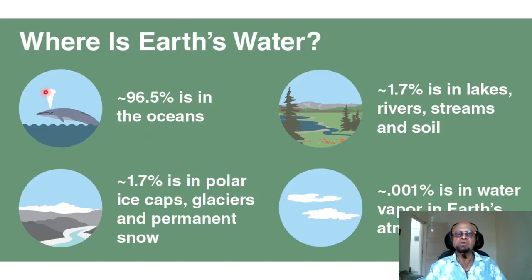But remember, ocean water is salty and we cannot drink it directly. And yet we have lots of freshwater problems on Earth, so you know that we are not managing water so well. About 1.7% is in the lakes, rivers, streams, and soils.